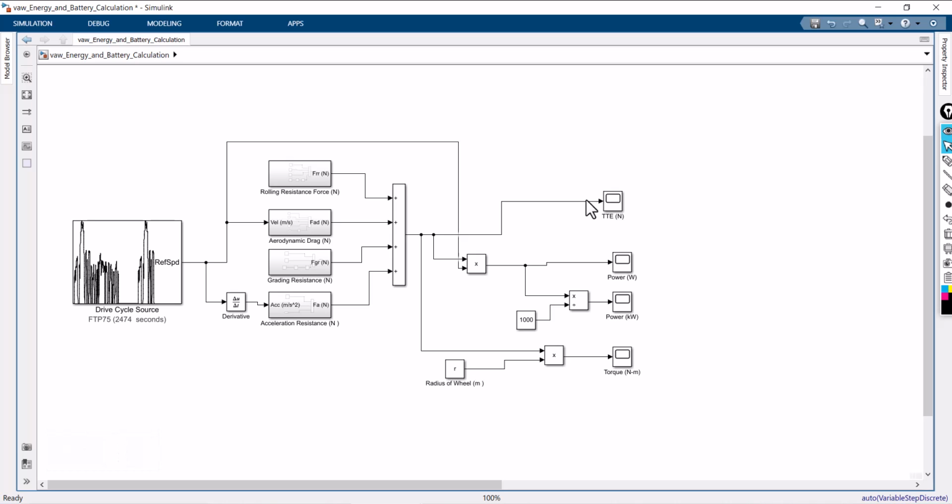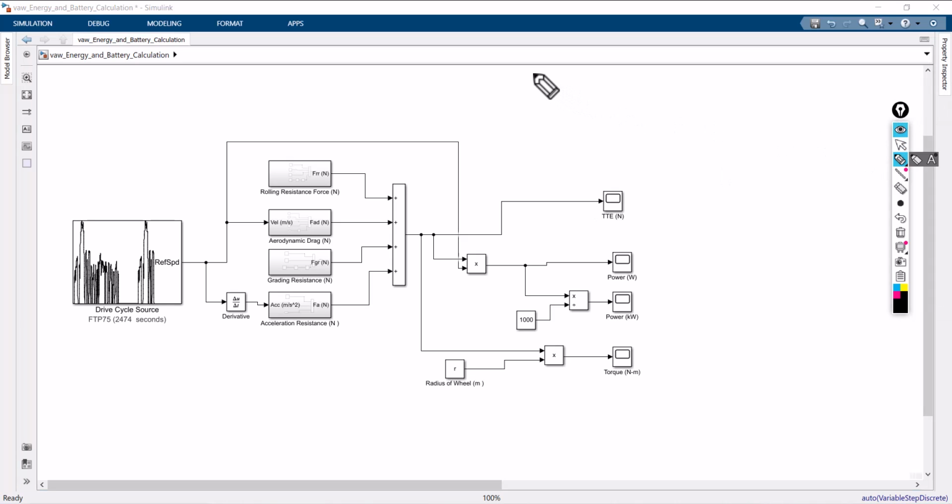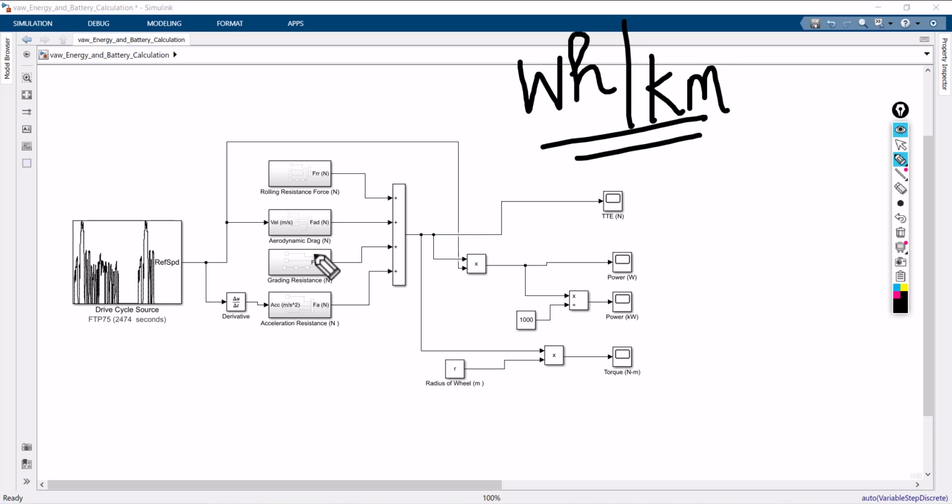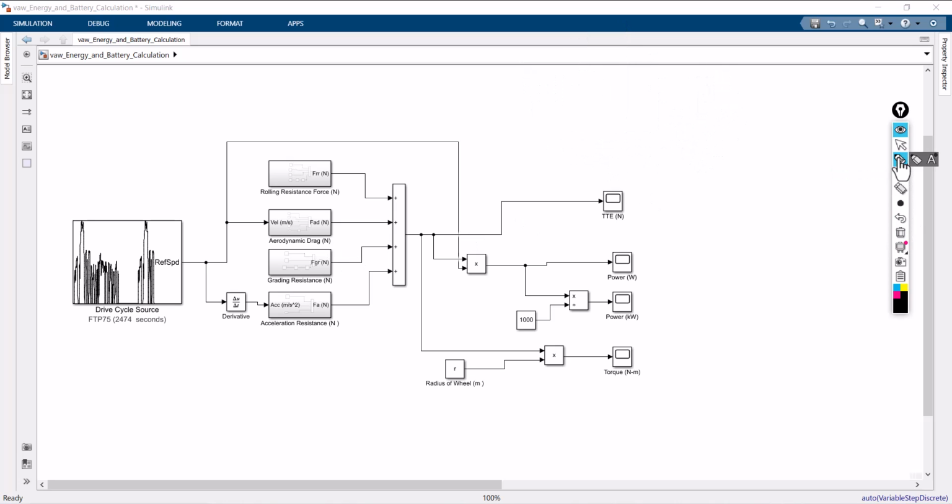So how to calculate the energy? Energy consumption is nothing but how much energy is consumed with respect to kilometer. So that is watt hour per kilometer. That's what I'm going to calculate.